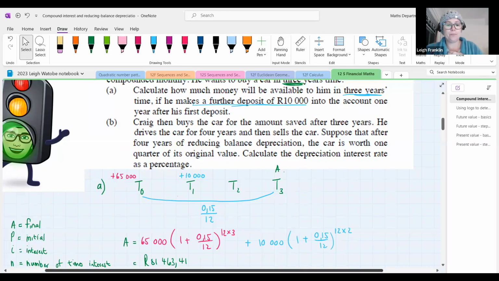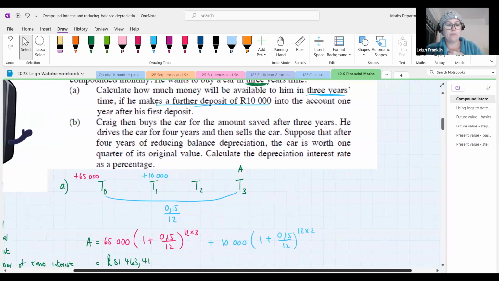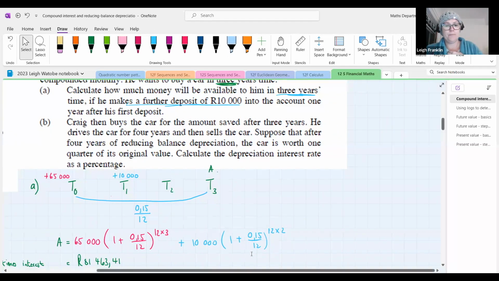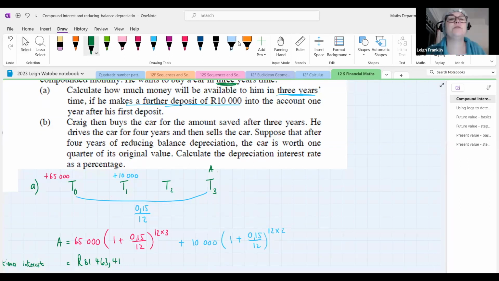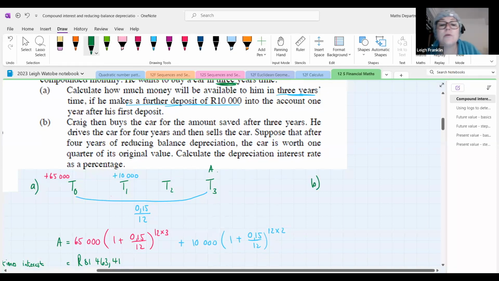So now, part B. We do not need a timeline for this. So, first of all, they want us to calculate the depreciation interest rate. Okay, so what formula are we using?